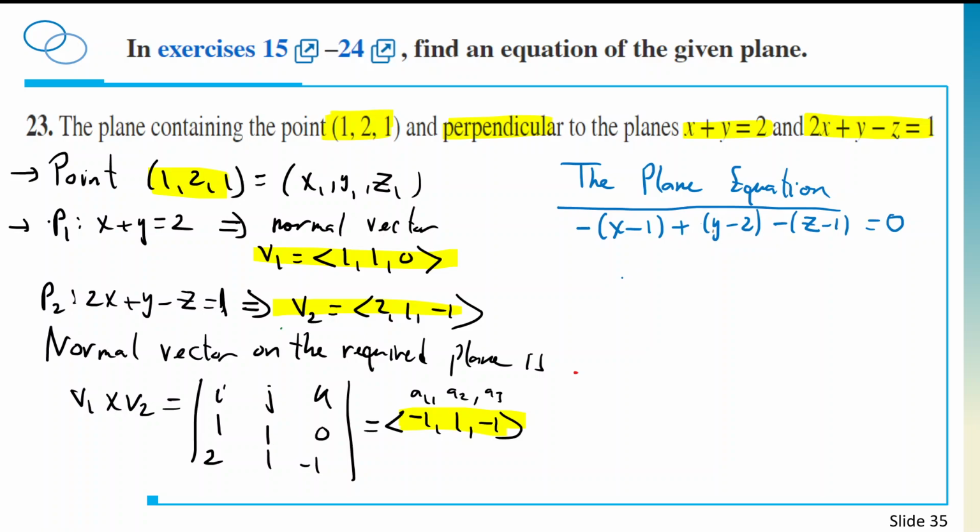You could simplify it as negative x plus y minus z equals to 0. And this is the plane equation.